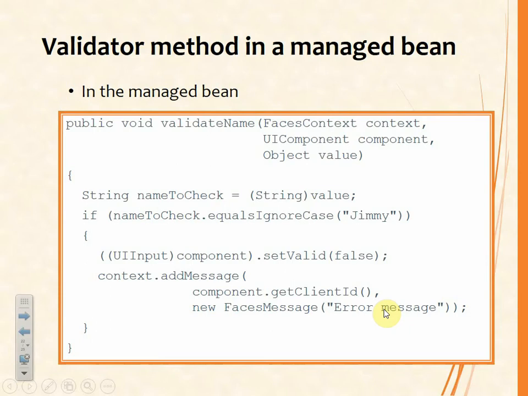Now that can be useful because in the facelet, there are ways of displaying the message right next door to the component to which that message relates. Instead of having them all listed at the bottom or all at the top, we can have them listed right next to the components that they belong to. And that's what the ID is used for, associating that message with that particular component.